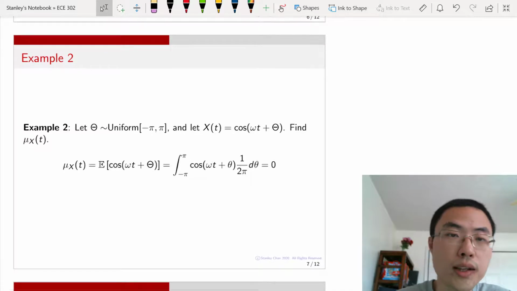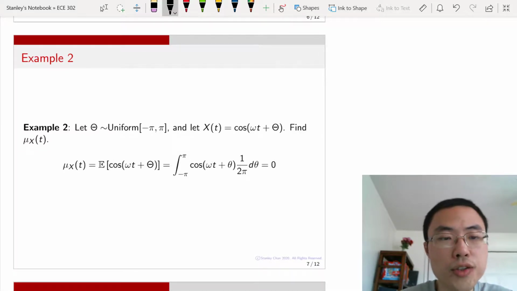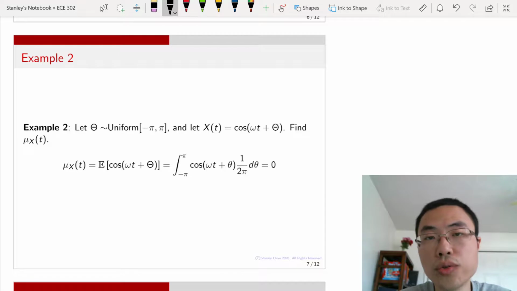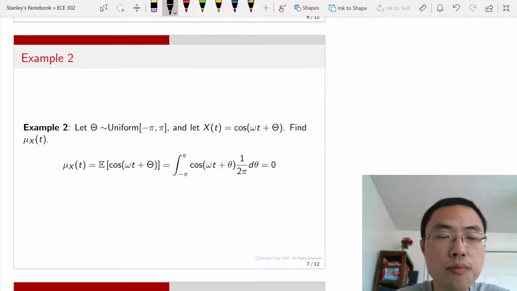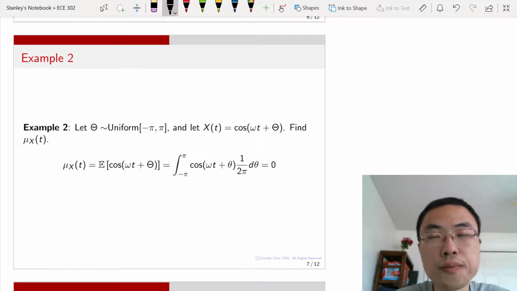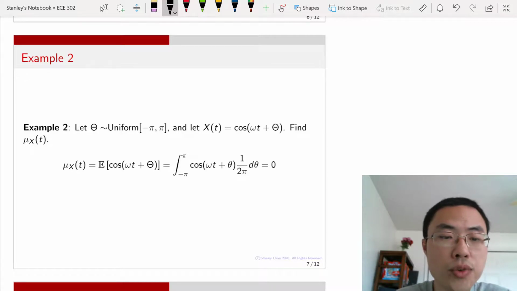Let us work on another example. Here I consider a uniform distribution over the phase, where I have this cosine omega t plus theta. I want to find the mean function mu x of t. Now, as far as the homework and exam go, all you need to do is the following.